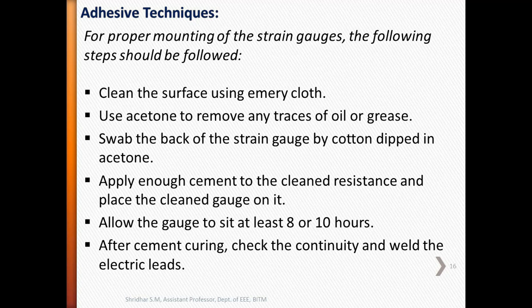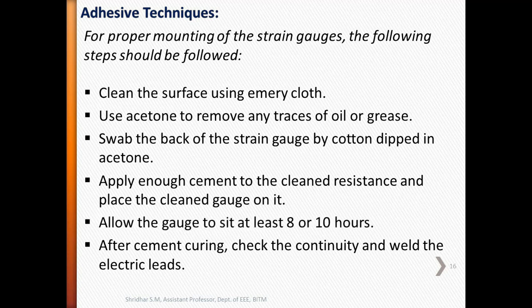Make sure that there is no bubble between the surface and the gauge. If there is, it should be removed. Avoid using heavy pressure, otherwise the cement may puncture the paper and short the grid.